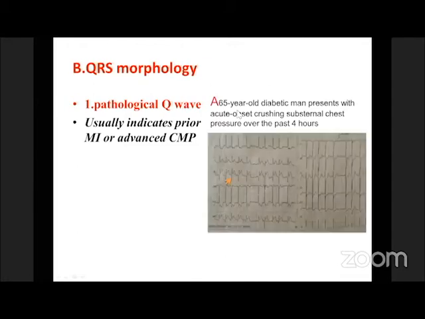This is a 65-year-old diabetic man presented with chest pain of about 4 hours. Looking at this ECG, there is ST segment elevation in the inferior leads, and there is an established Q wave. The Q wave is the first negative deflection. These are Q waves. It is the first negative deflection without any positive wave.